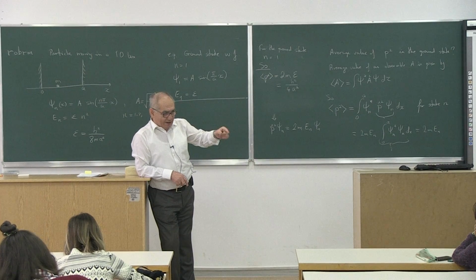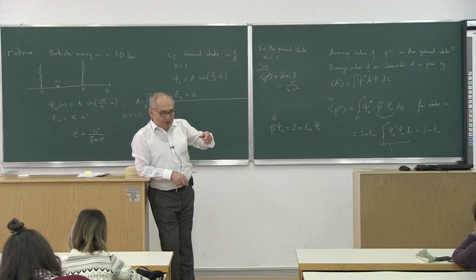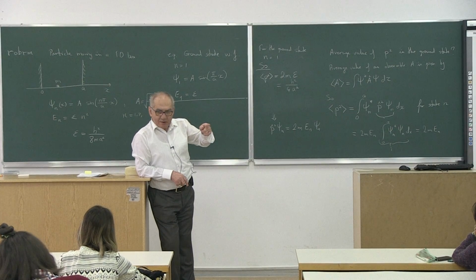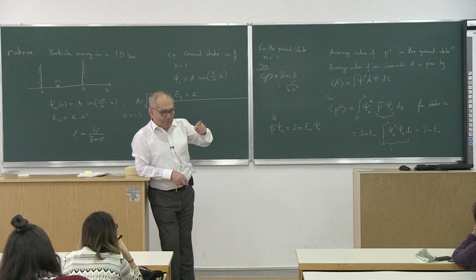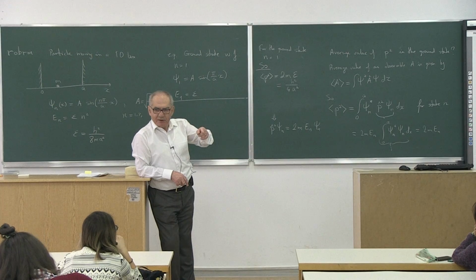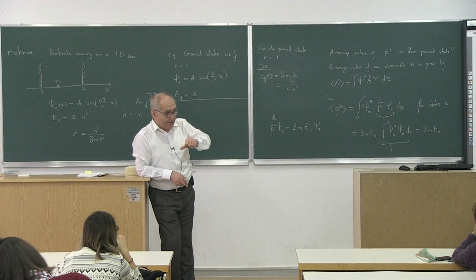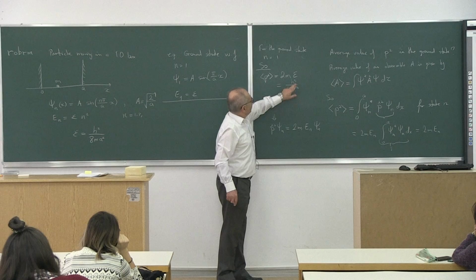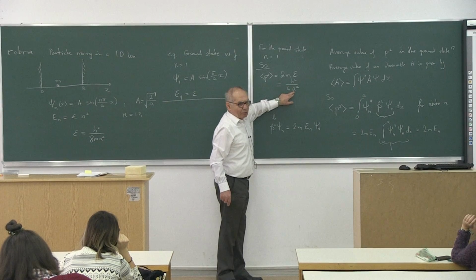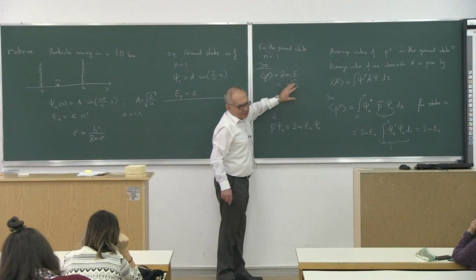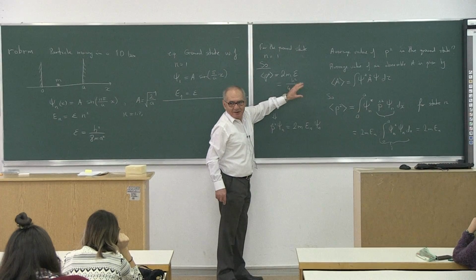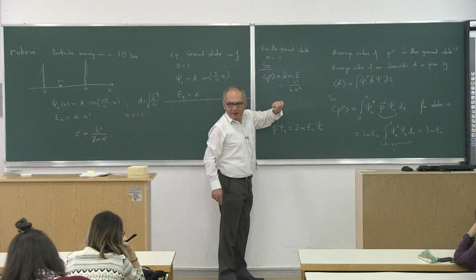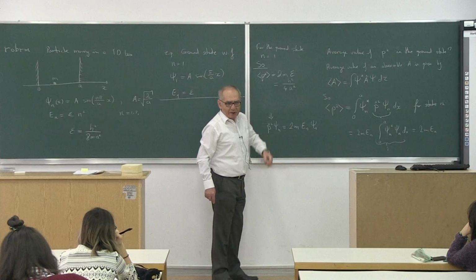Therefore, in SI, the unit should be kilogram square times meter square divided by second square. If you analyze the units of h, and a is of course a length unit, you are going to obtain exactly the unit we are talking about.